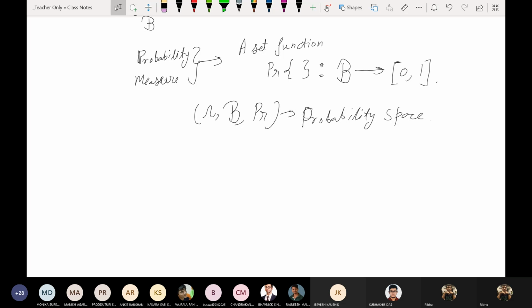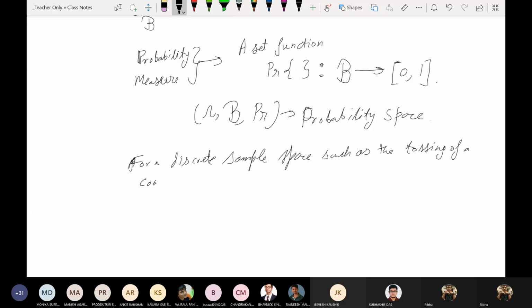We have seen the example of a discrete probability space, for a discrete sample space such as tossing a coin.